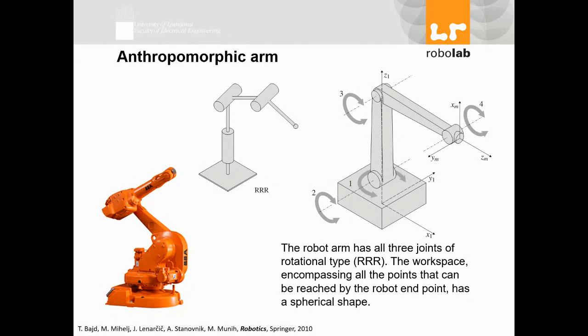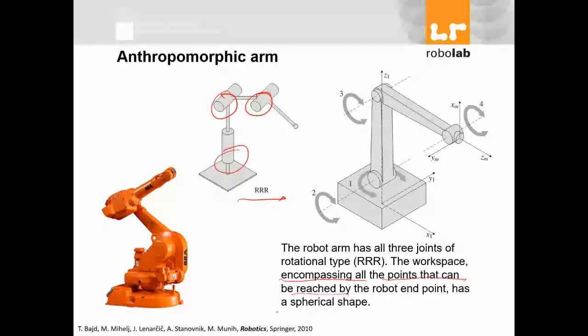Anthropomorphic is the kind of combination you see in many industrial robots. We have this sort of robot arm in which we have rotation. We call it an RRR joint. So the robot arm has three joints of rotational type, RRR, and the workspace, encompassing the points that can be reached by the robot endpoint, has a spherical shape, like our arm.